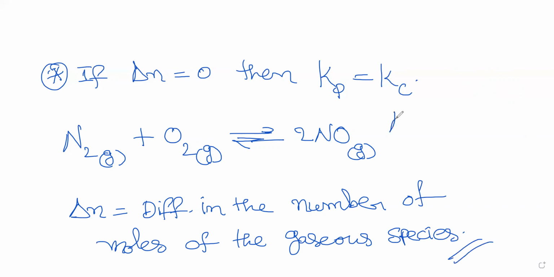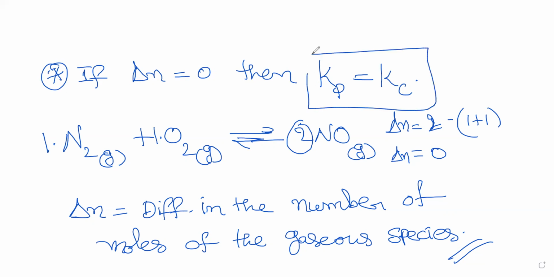Let us write delta n. Delta n is the number of moles on the product side, that is 2, right? 2 minus, this is 1 O2 and 1 N2, so it is 1 plus 1. So that is 0. So delta n is equal to 0. So for this reaction, Kp is equal to Kc. Clear, no?